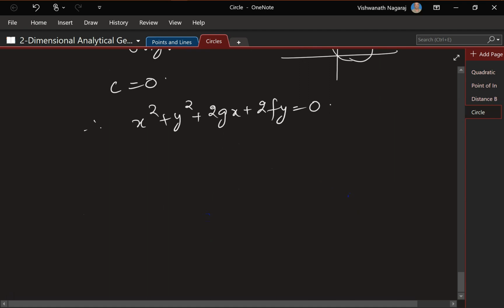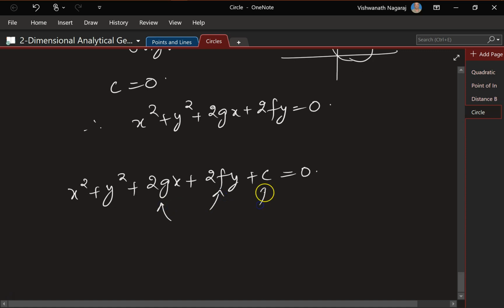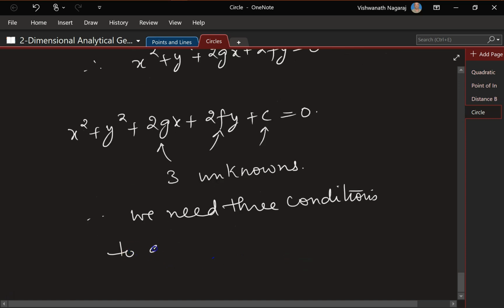Now if we look at the equation of the circle, x square plus y square plus 2gx plus 2fy plus c equal to 0, there are three unknowns, g, f and c. Therefore we need three conditions to determine the equation.